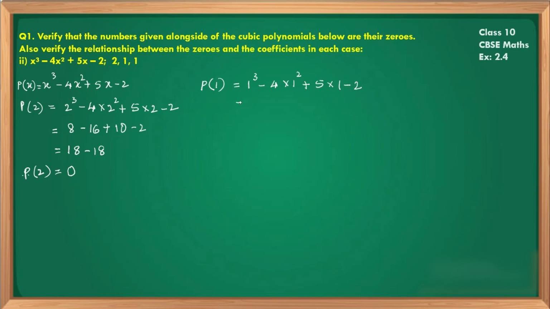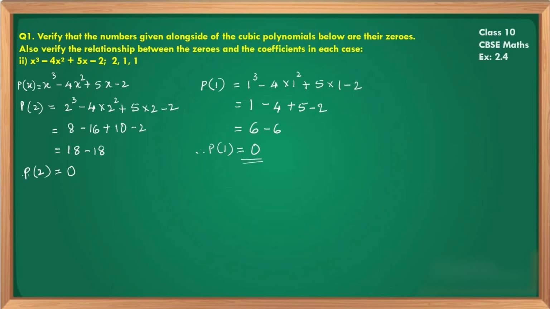We simplify now. 1 cube is again 1, minus 1 square is 1, 4 into 1 is 4, plus 5 into 1 is 5, minus 2. See, plus 1 plus 5 gives you plus 6, minus 4 minus 2 gives you minus 6. That means the answer is 0. Even this, P of 1, is also 0. That means even 1 is a zero.